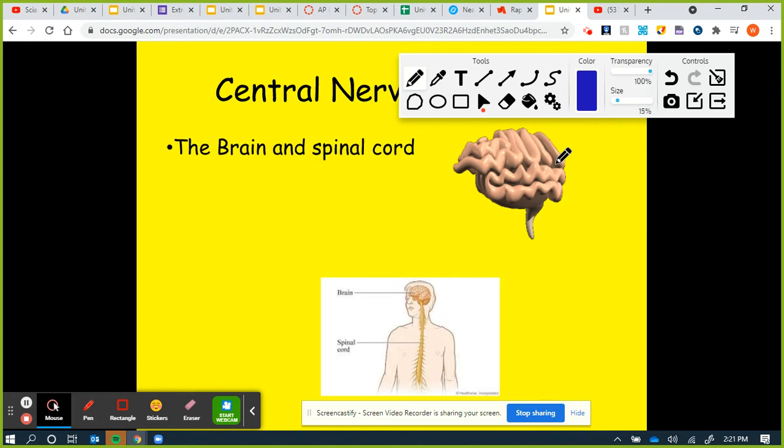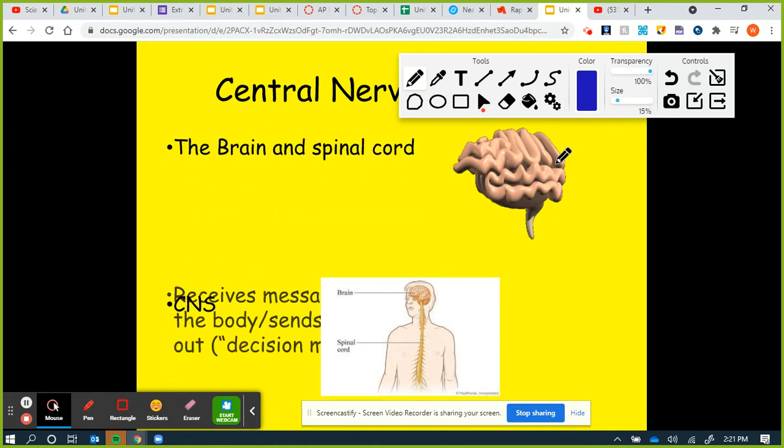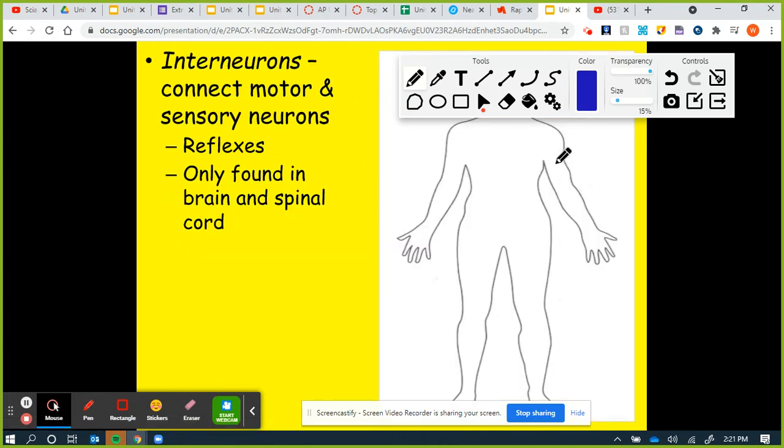Okay, and we've already said central nervous system is brain and spinal cord. There is a different type of neuron in the central nervous system. It is called an interneuron. Interneurons are only found in the brain and spinal cord, right?